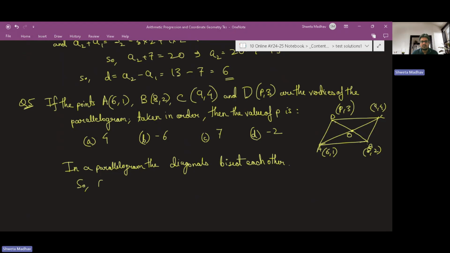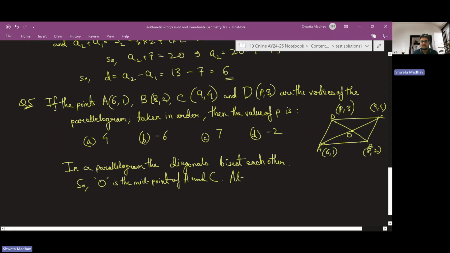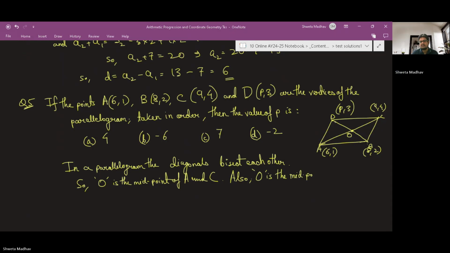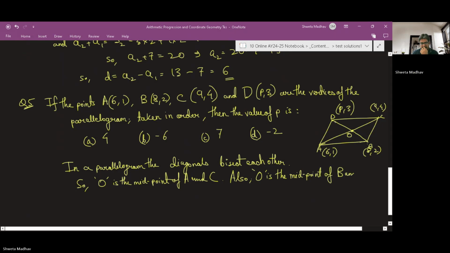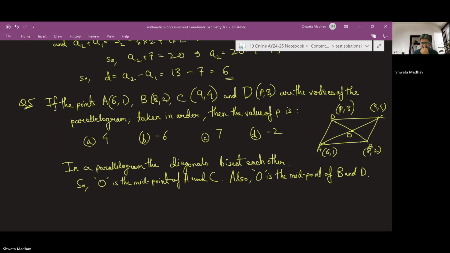So I can say the point O is the midpoint of A and C, and also O is the midpoint of B and D.